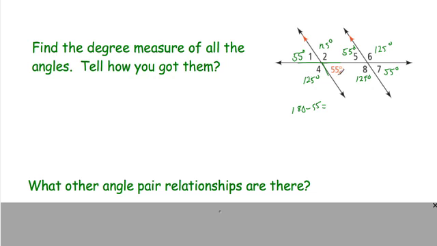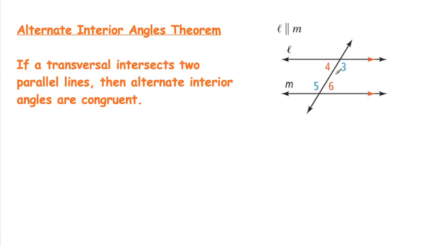Well, what other angles do we have? We know we have same side interior, so 55 and 125, that's 180, that's interesting. 180 is an interesting number, right? We also have alternate interior. They look very much like they're going to be the same. We have alternate exterior. They look like they could be the same. So we have a lot of things going on here. So let's talk about them.